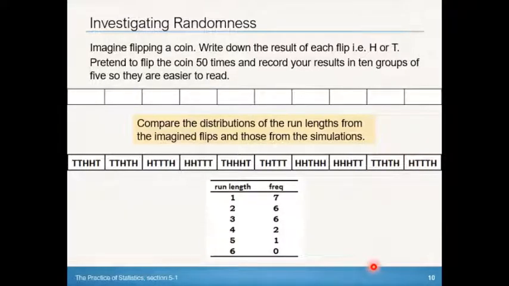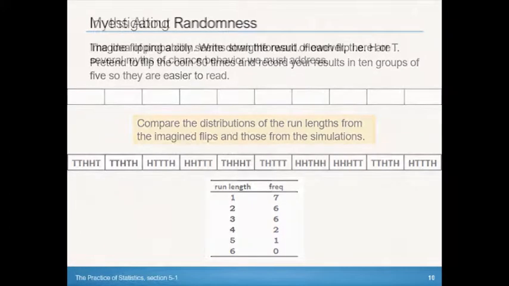Again, the behavior is a long-term event, so the probability is 50%. Half of them will show up heads, half will show up tails in the long run, but in the short run, you end up having runs that are much longer.